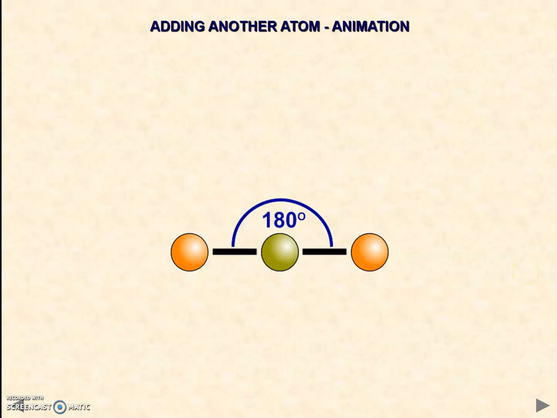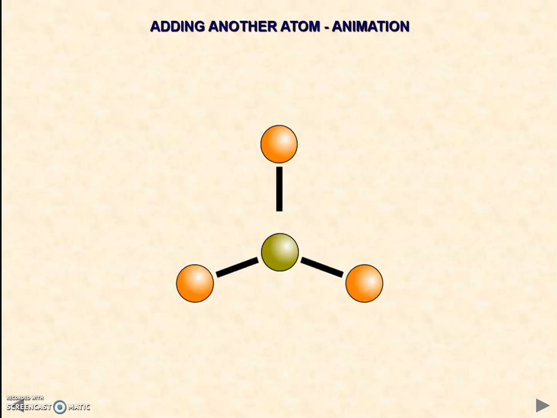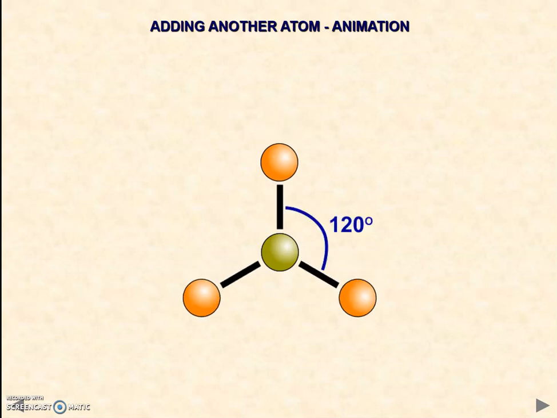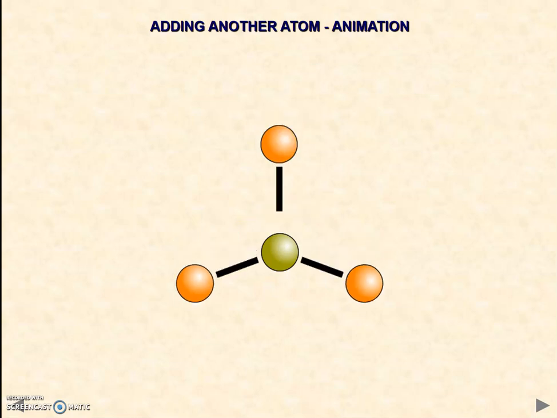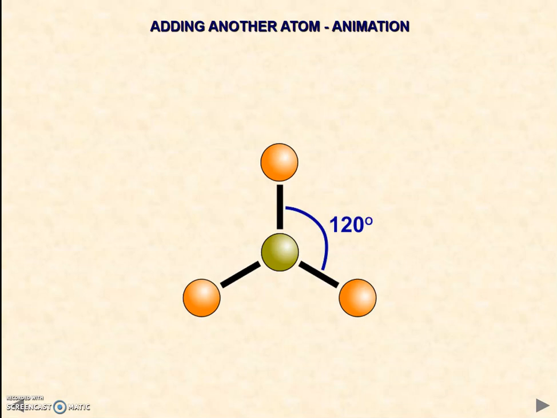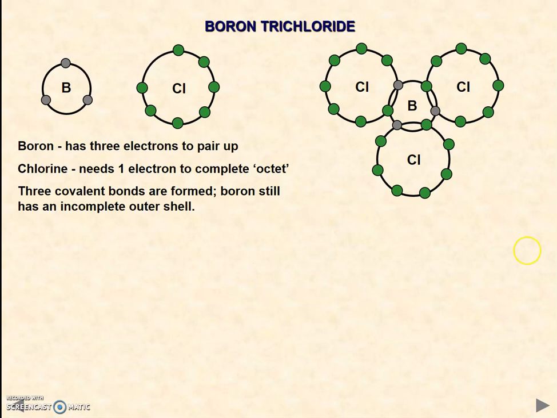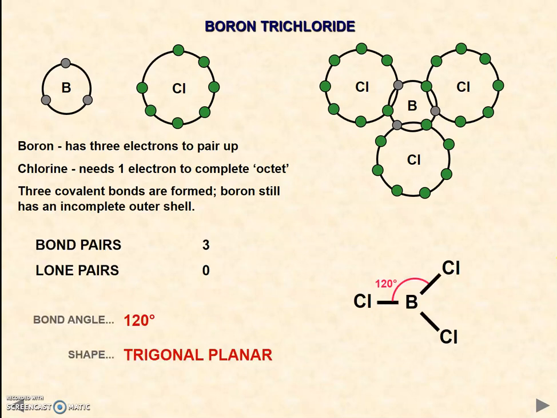Okay, if we now add an extra atom, then this electron pair with this new atom is now repelling those bonding pairs away. And so now we get a bond angle of 120 degrees. So you could apply this to something such as boron trichloride.